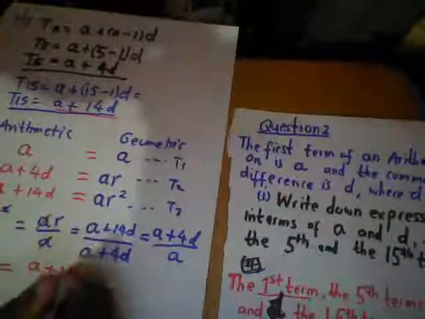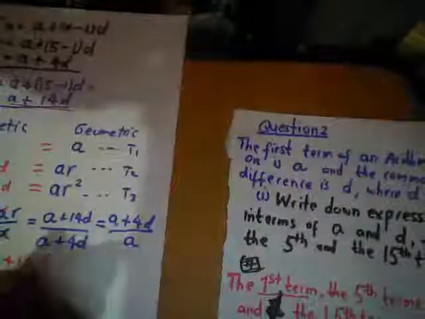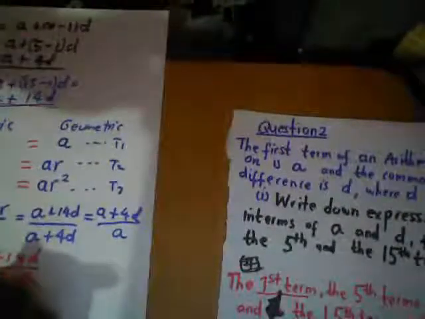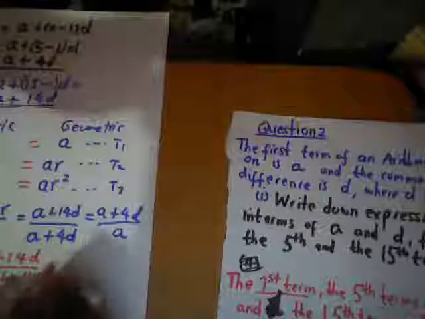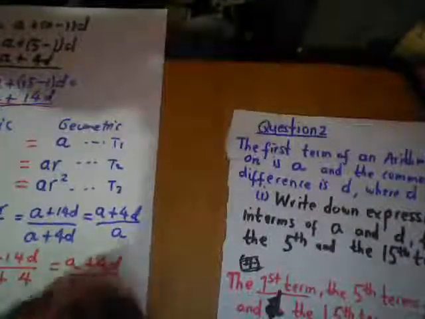Now we come here, we can't cancel anything, so we say ar equals a plus 14d over a plus 4d, equal to a plus 4d over a.